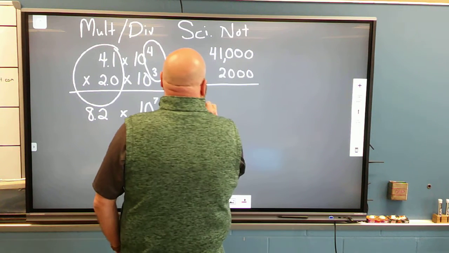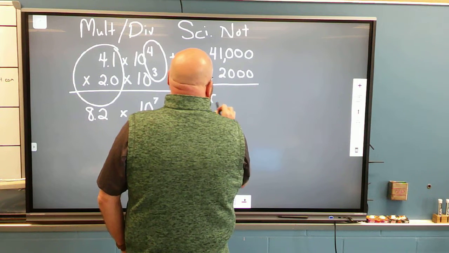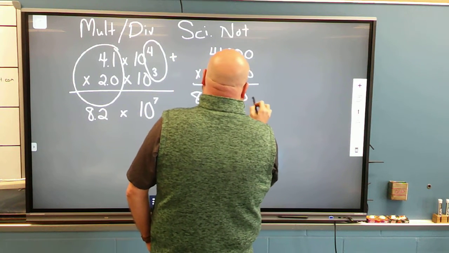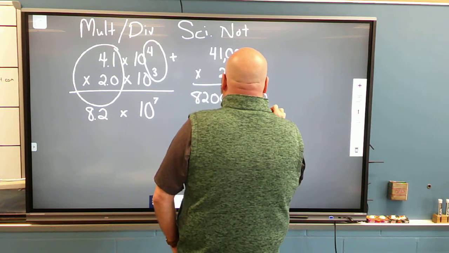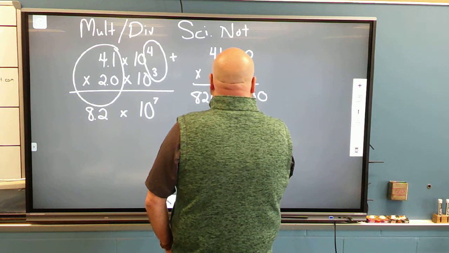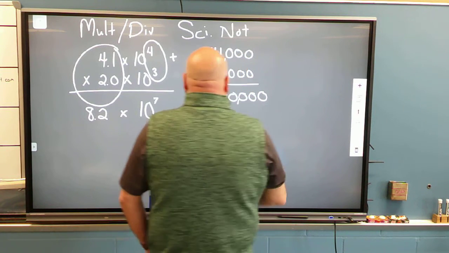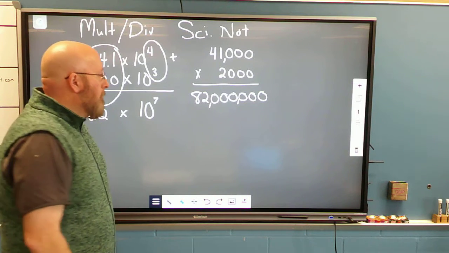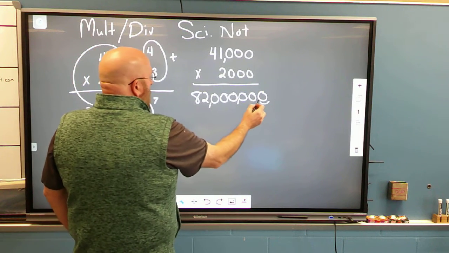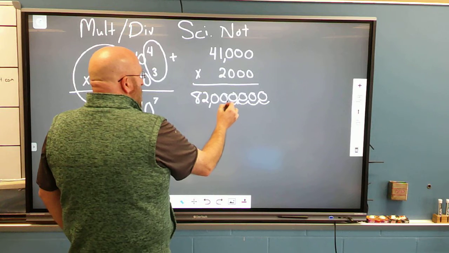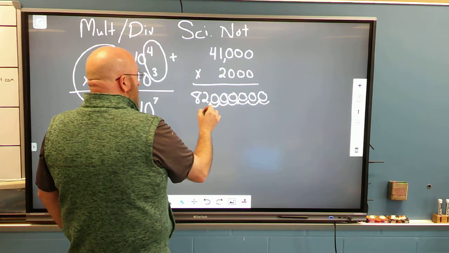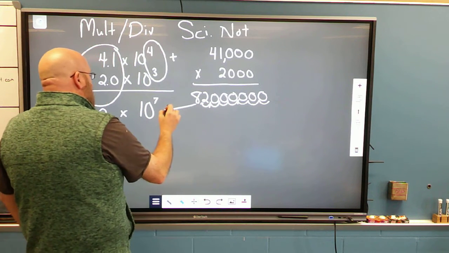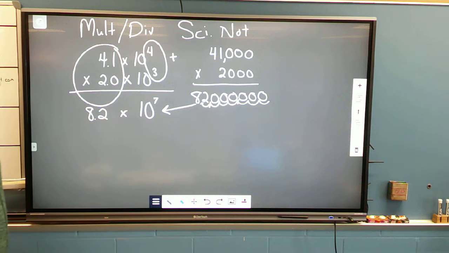Well, make sure I count all the right ones. That's 82 million, isn't it? Well, that's 1, 2, 3, 4, 5, 6, 7. 8.2 times 10 to the 7th.